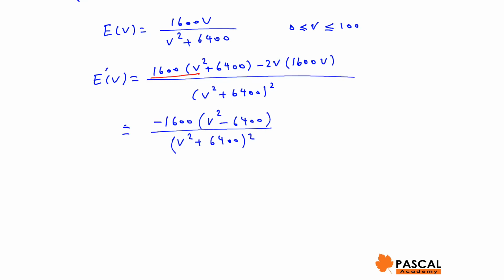Notice 1600 V squared minus 2 times 1600 V squared is negative 1600 times V squared.